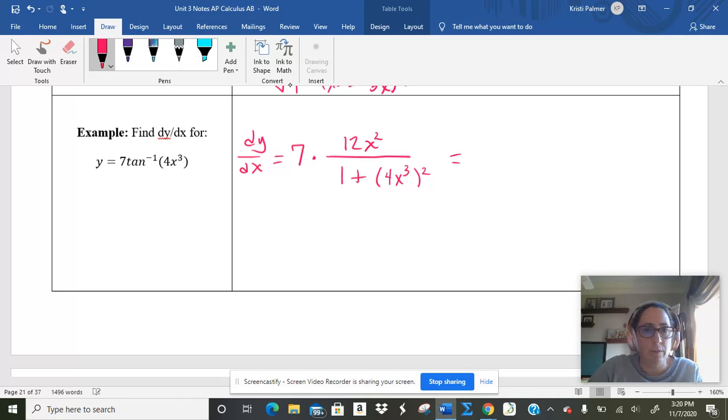And then I'm just going to put these two together. 784. And heck, might as well do that squared out. Power to a power, multiply. Okay.